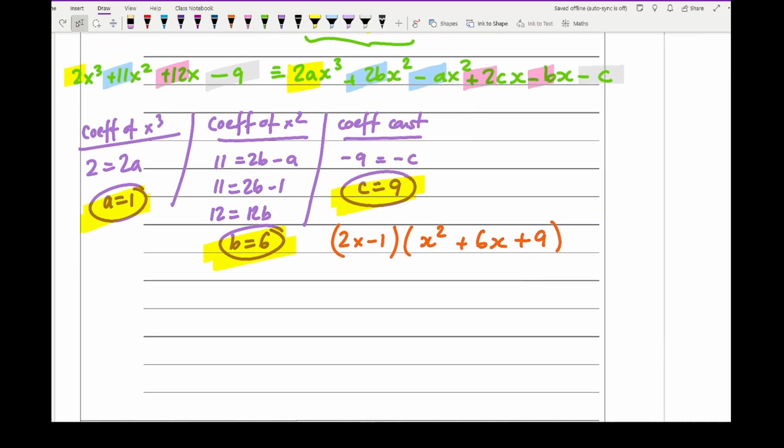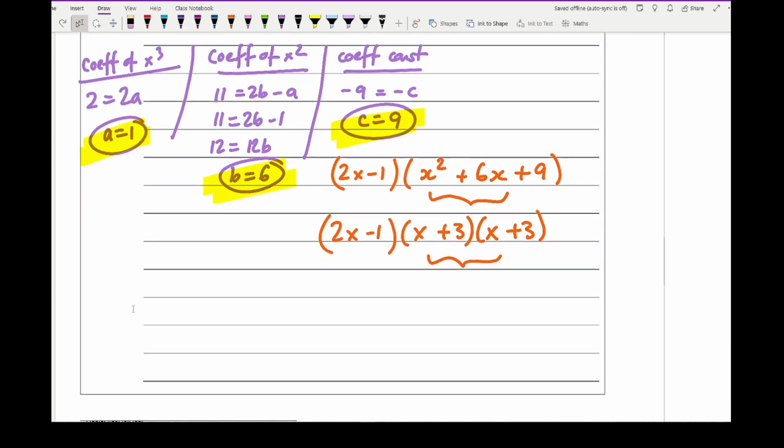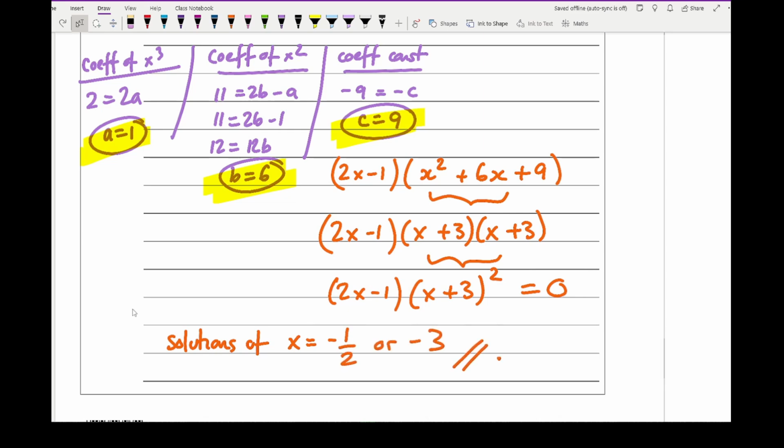Now I can factorize this, in which I end up with 2x minus 1 and x plus 3, x plus 3, which I can combine, leaving me with 2x minus 1 and x plus 3 squared. And as you can see, we've got two solutions. So the solutions of x, where this equals 0, are going to be minus a half or minus 3. Actually, plus a half, I should say.